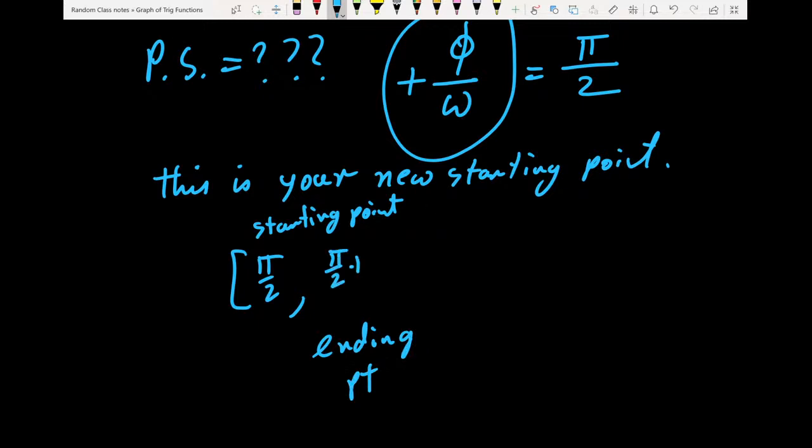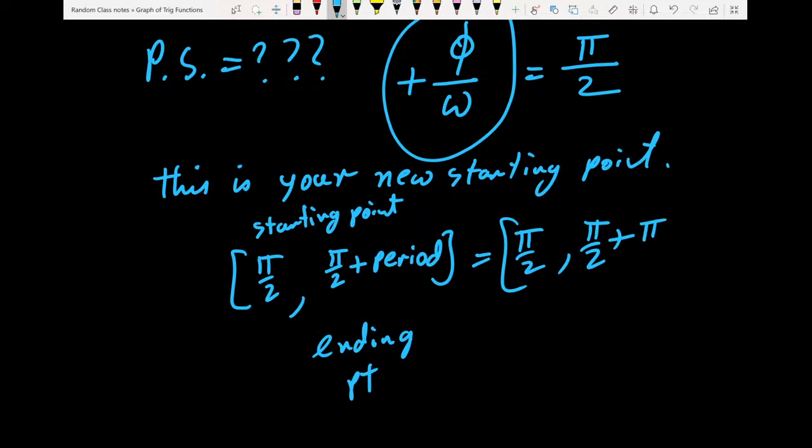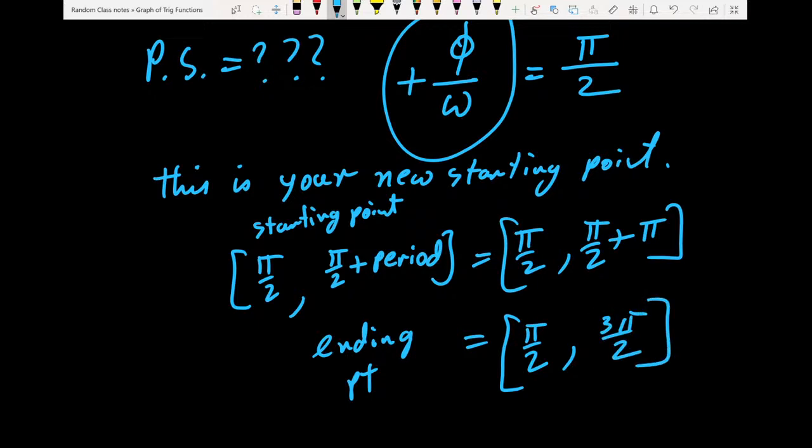Pi over 2 plus the period, which in this case is what? Pi over 2 plus, what's the period in this case? Pi. So it's pi over 2 plus pi, 3 pi over 2. Whew, that was the hard part.